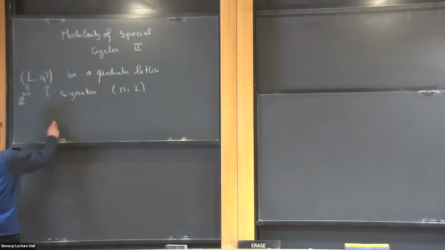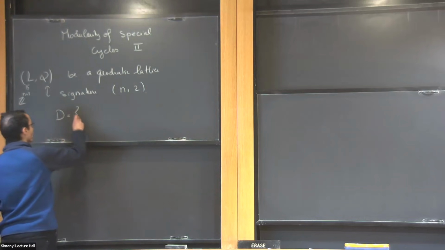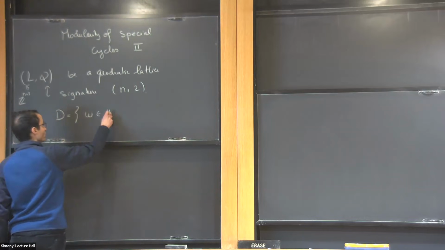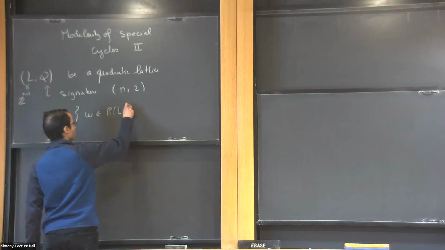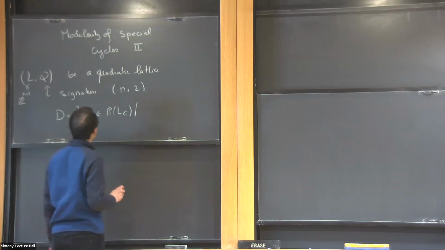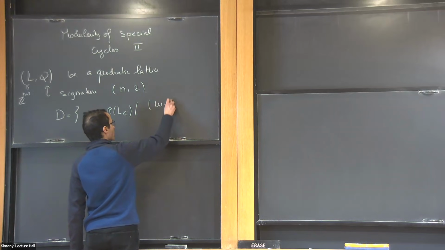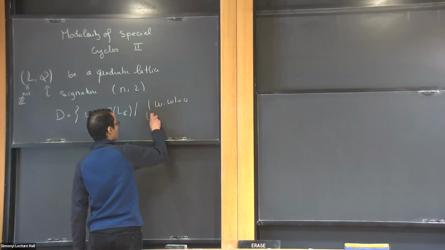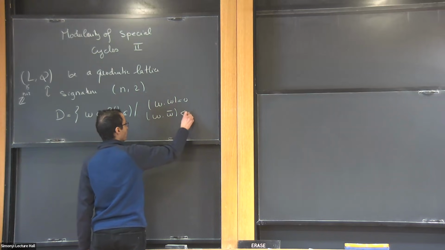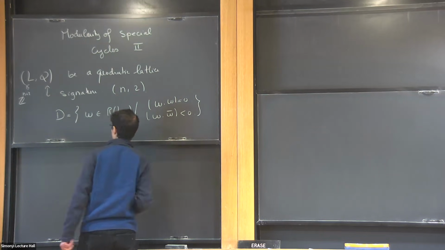And I introduced the following period domain, which are the set of complex lines in the complexification of L, which are isotropic under this pairing, and which satisfy this negativity condition, which is omega paired with omega bar is negative.